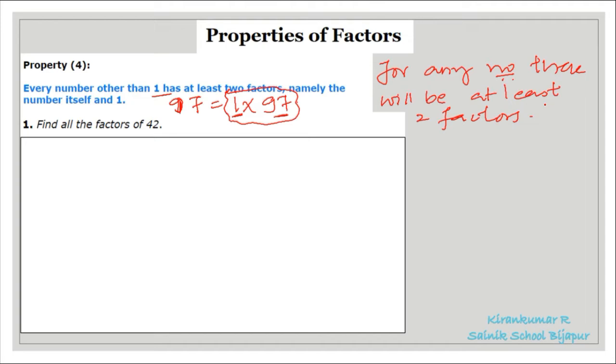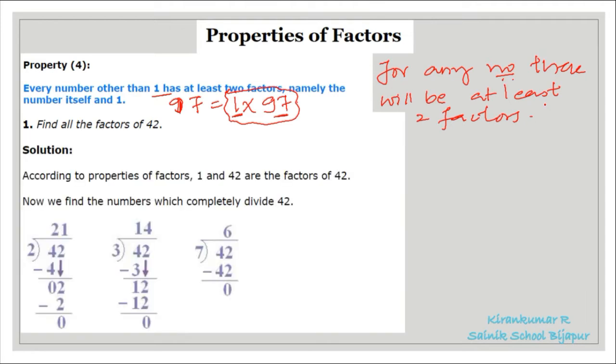Let us solve a question here. Find all the factors of 42. Suppose I divide 42 by 2, it goes 21 times. We get the remainder as 0. When it is divided by 3, it goes 14 times and leaves the remainder 0.